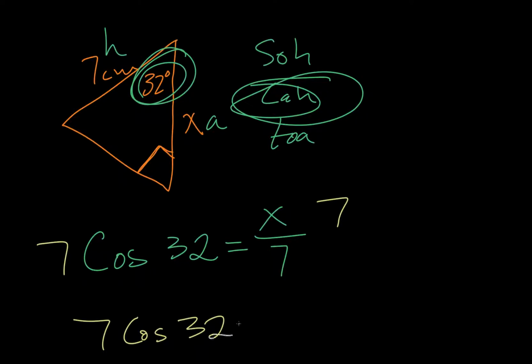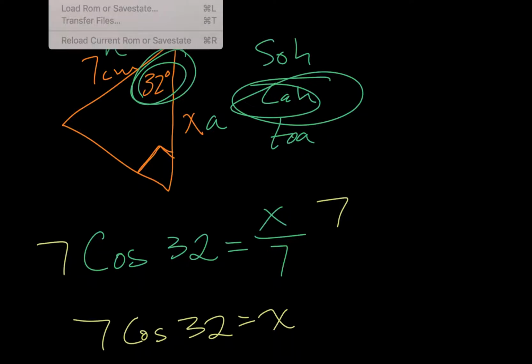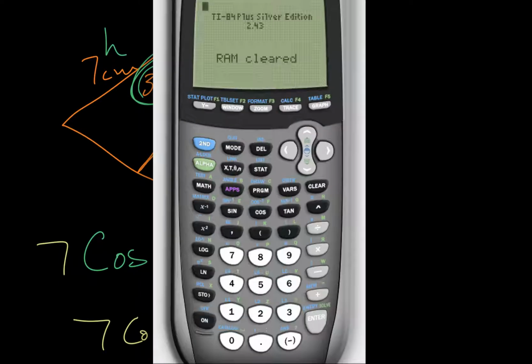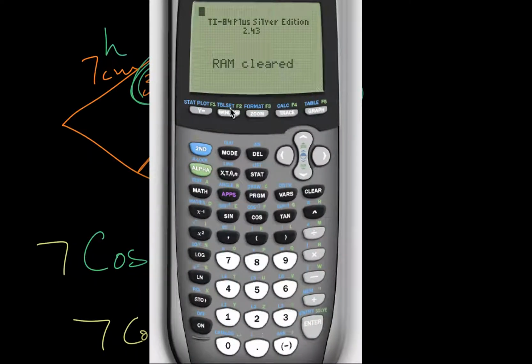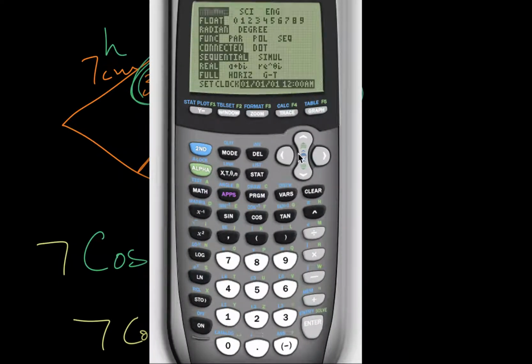cosine 32 equals x. And I'm going to pull up my calculator just to show you how to type it in. So the first thing you want to check, you want to go to mode and make sure that we're in degrees. So change this to degrees if it's not.